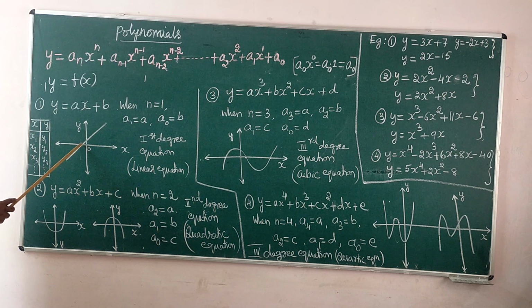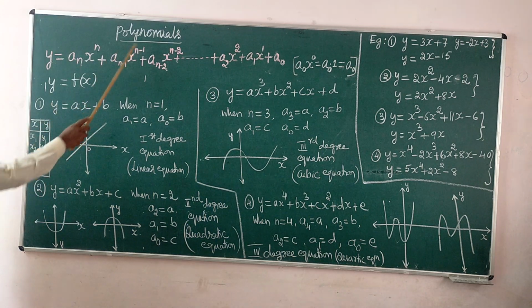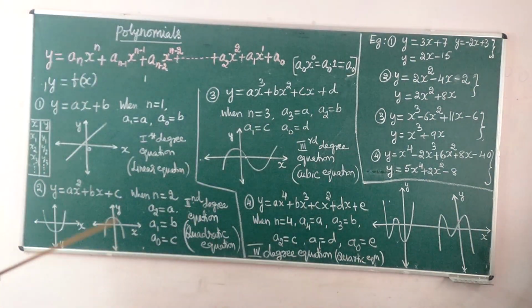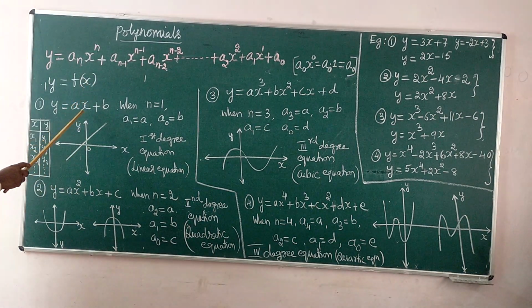At this point, the value of y is 0, but the value of x is not 0. The value of x has some finite value. This value of x, when y equals 0, is called the zero of the polynomial, or root of this polynomial.